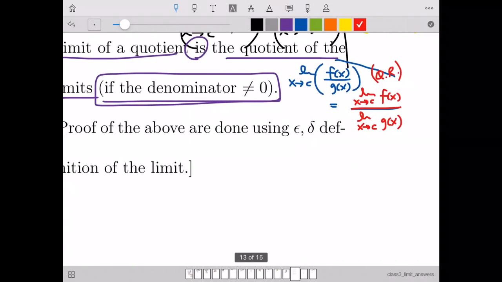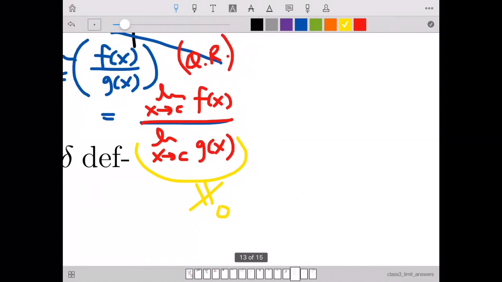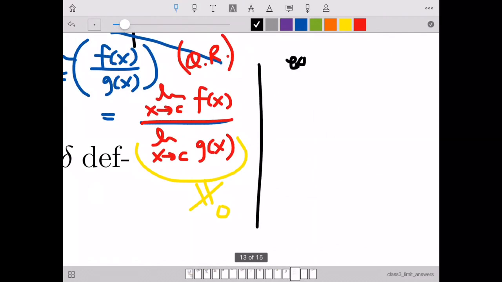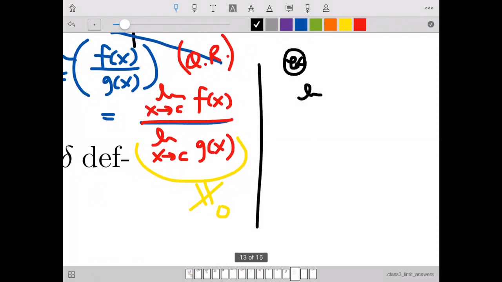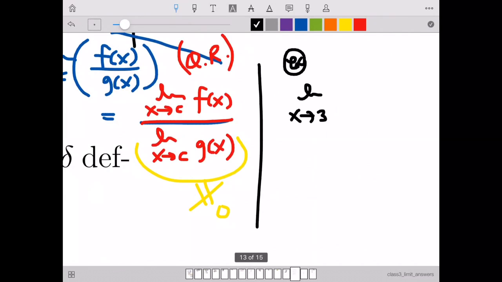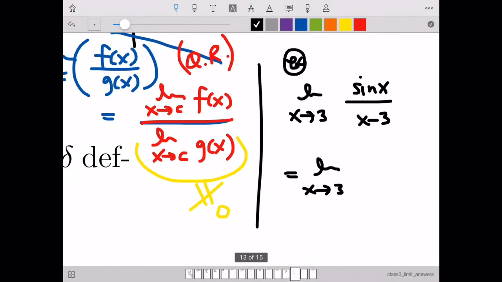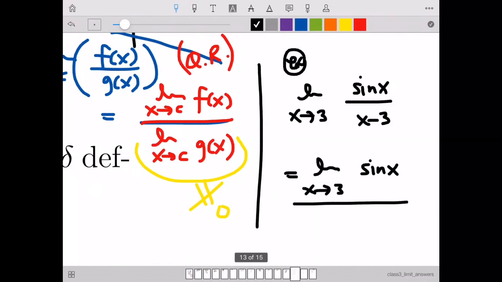Okay, if the denominator is not 0, so we have to make sure that the denominator's limit is not 0. So for example, if I have limit x approaches 3 of sine x over x minus 3, can we say this is equal to the quotient of limit of sine x over limit of x minus 3?